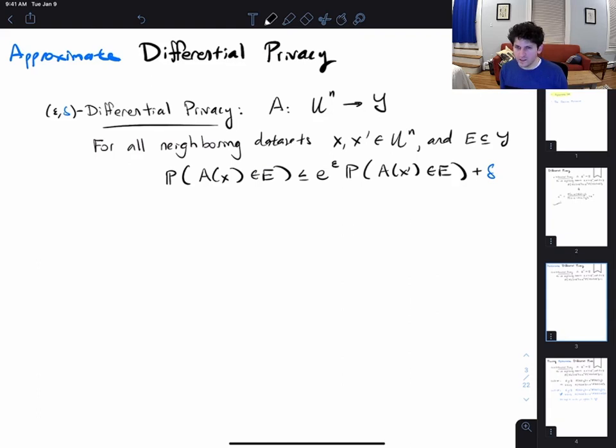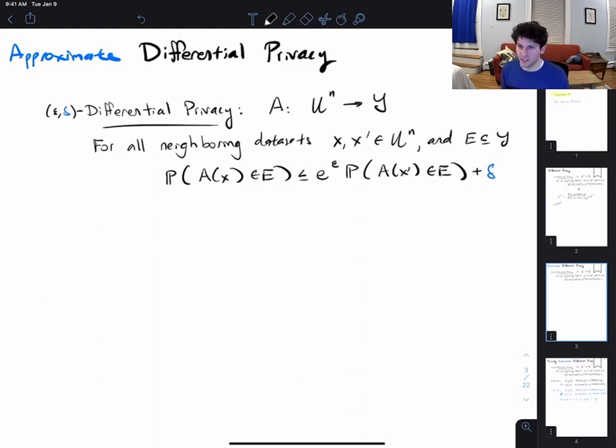It's exactly the same definition, except we now have an extra parameter delta, and we say that the probability of the event E under A of x should be no more than e to the epsilon times the probability of that event under A of x prime, plus some additional additive term delta. So this allows for a situation where the probability that A of x prime is in E is 0, and the probability that A of x is in E is non-zero.